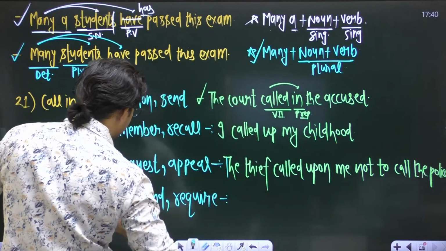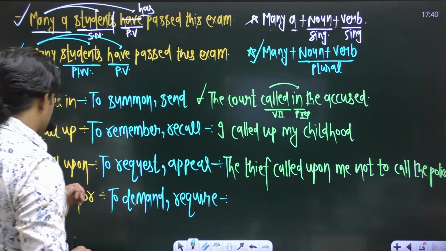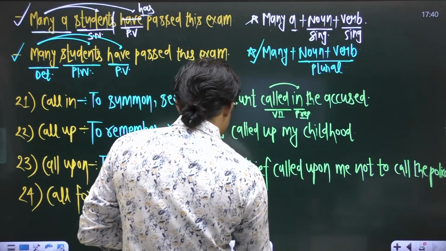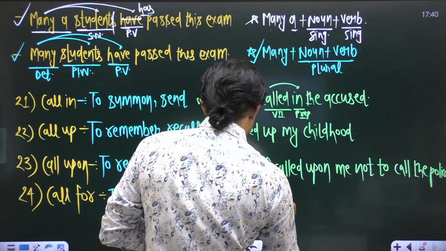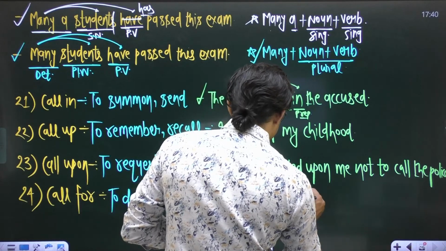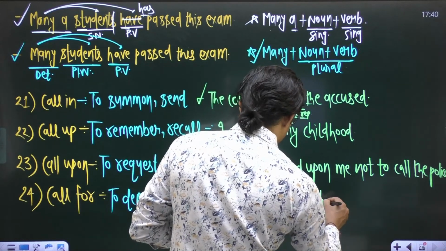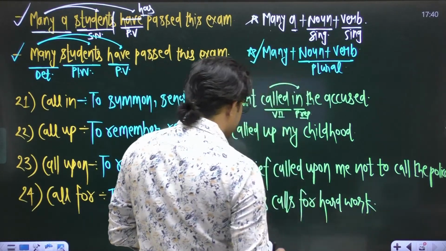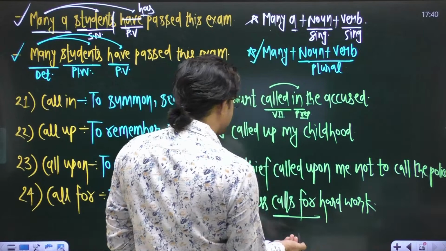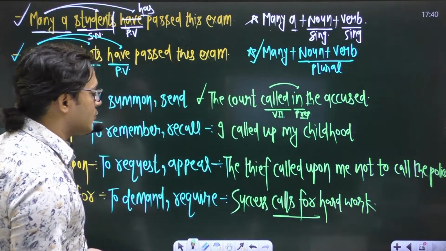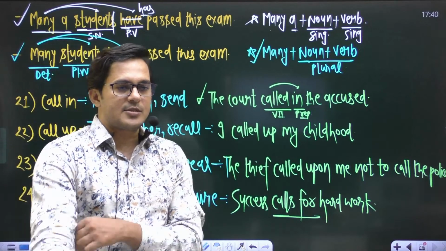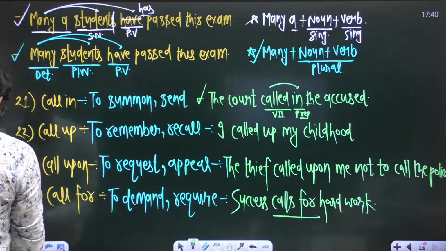For example, if I say, success calls for hard work. Success calls for hard work, or you can say success demands hard work. Success requires hard work, right? Okay, let's move to the next slide.